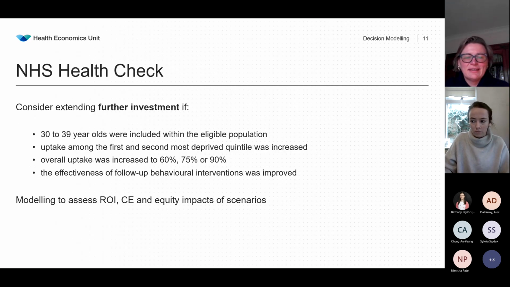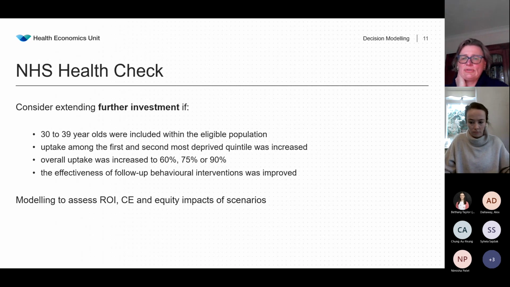I thought I'd give you an example of where modelling has been used. This is the NHS Health Check, which is an example of an important locally led public health prevention service. It's offered to people without pre-existing disease, aged between 40 and 74, I believe, and it's free of charge every 5 years.